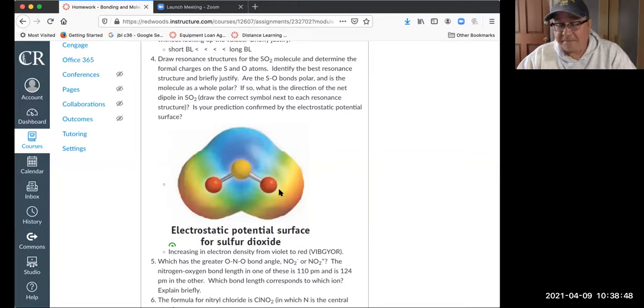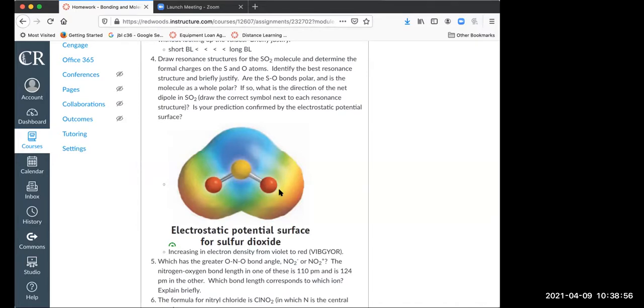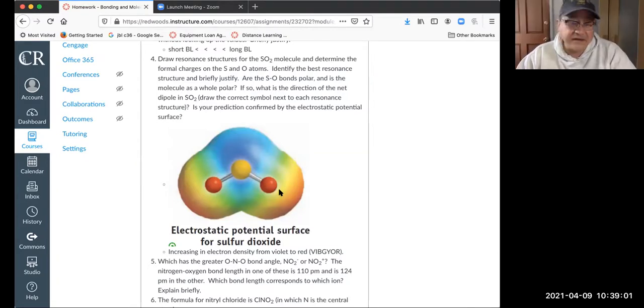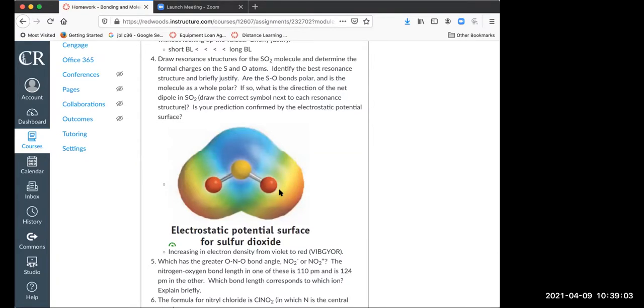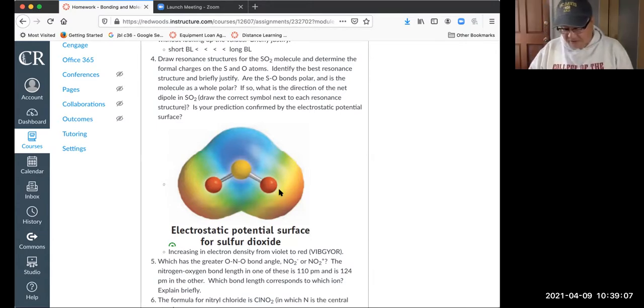So if they're in the same period, you should be able to figure out which one's more electronegative. And if they're in the same group, you should be able to figure out which one is more electronegative without any numbers. Right. Because it's too hard to memorize all those electronegativity values. I mean, no one does that.